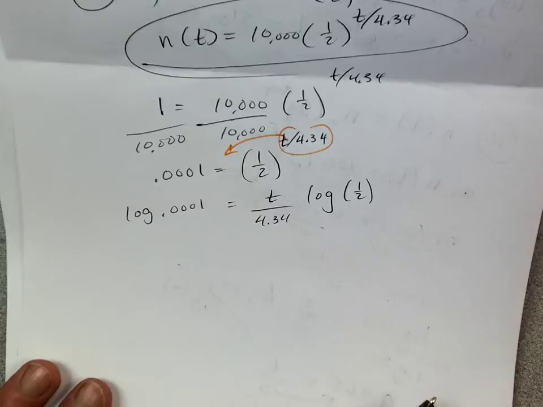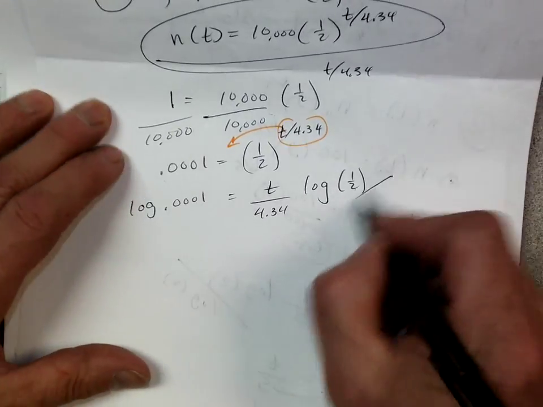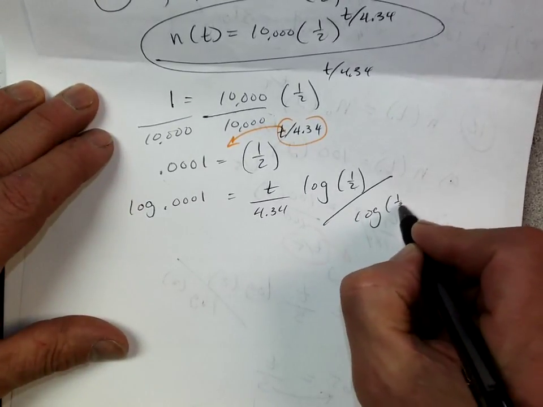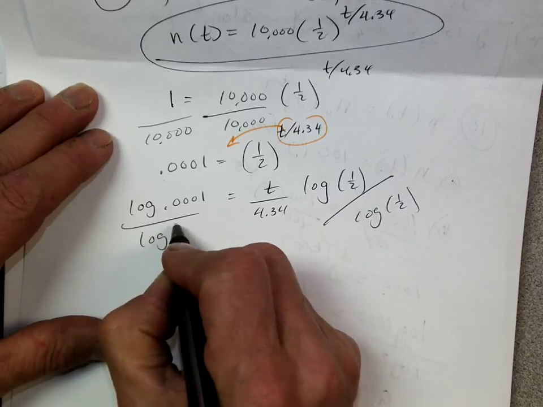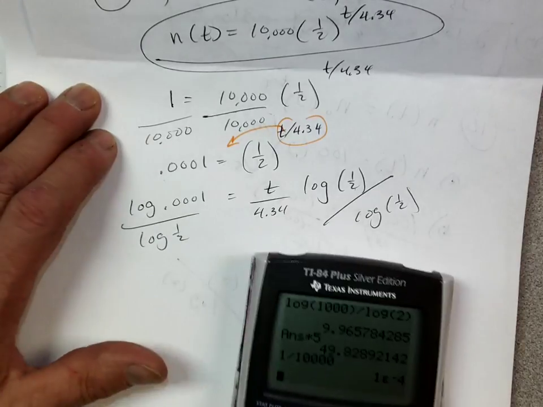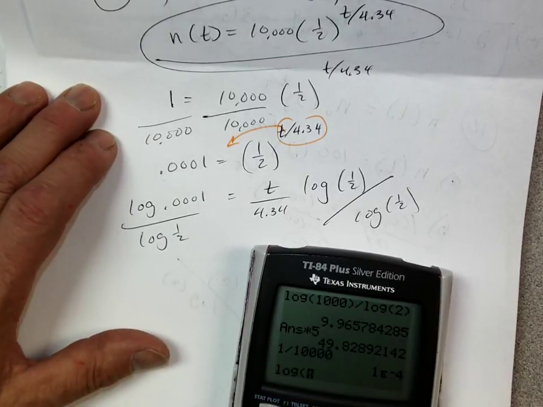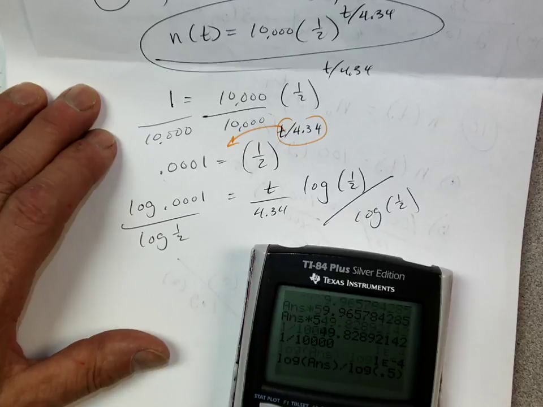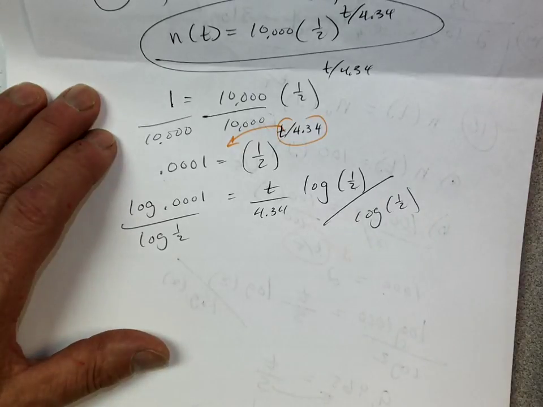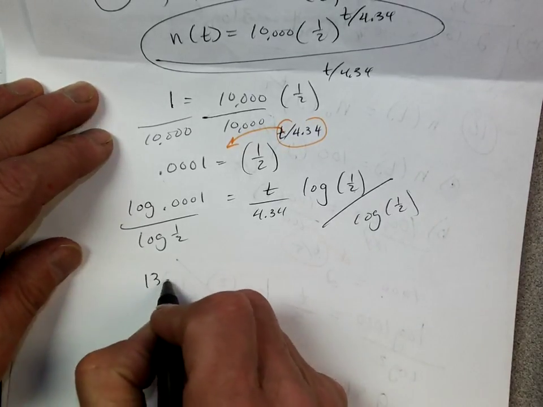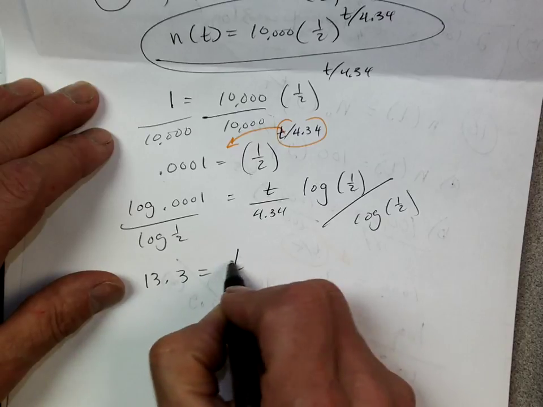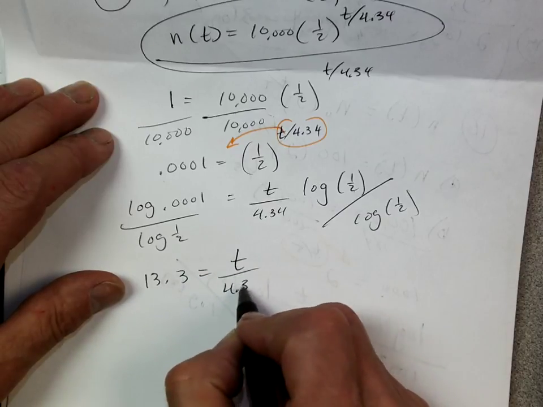So log of 0.0001 divided by log of 0.5, and I get about 13.3 equals t over 4.34.